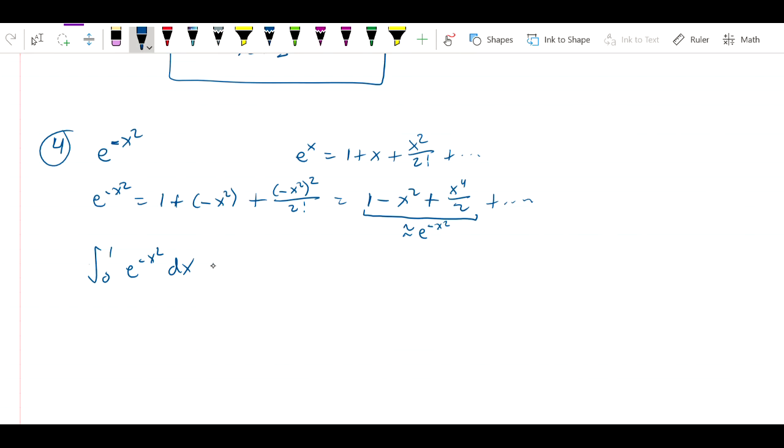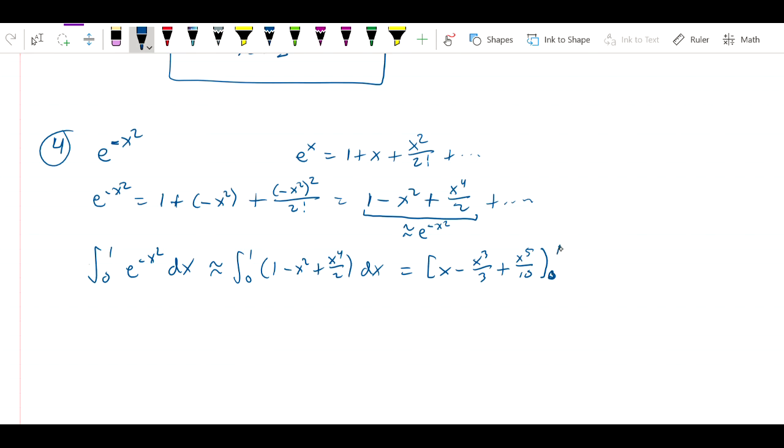So that means that this integral should be approximately equal to the integral from 0 to 1 of 1 minus x squared plus x to the 4th over 2. And of course, this is a problem that is almost too easy to be part of a Calc 2 course once you've set it up that way. So that's going to be x minus x cubed over 3 plus x to the 5th over 10.